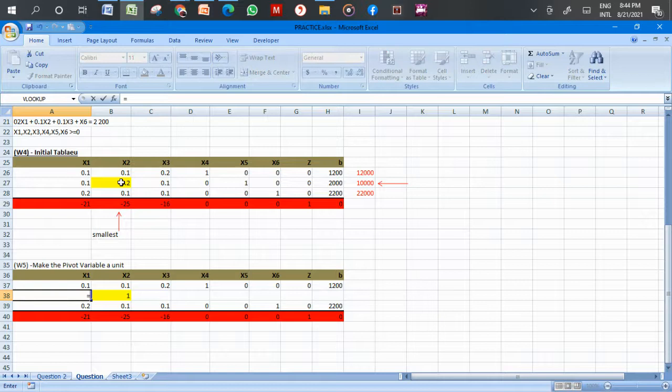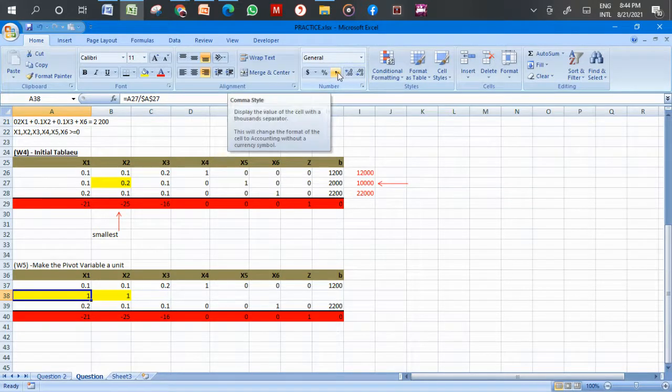So that we hold everything constant, we should divide everything by 0.2. So we can copy this one here, but then we are going to fix our 0.2 because we are going to divide everything by 0.2. So let's fix this one.